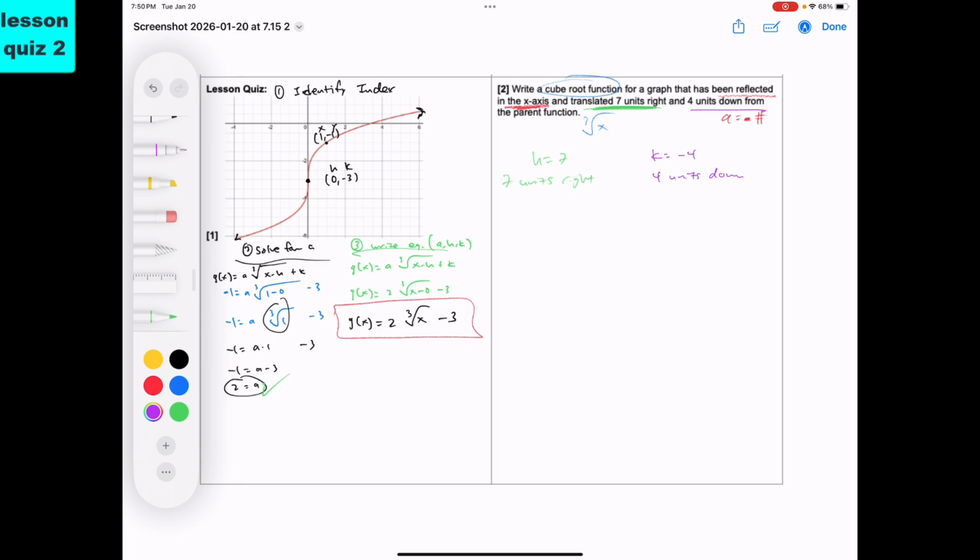So essentially, if we graph this, 7, negative 4, your graph's going to look something like this. And then because of the a value, it's going to reflect it. So you're going to go over this line.